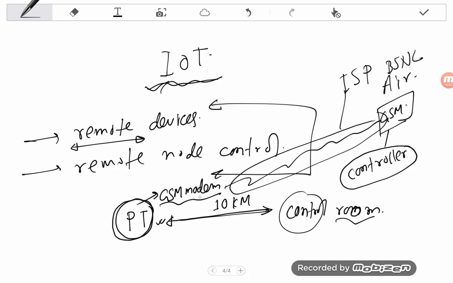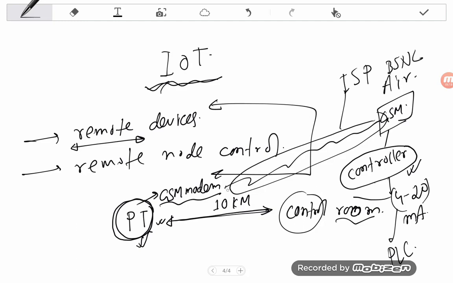So this is a way we can communicate between this pressure transmitter and the controller. Now the responsibility of the controller is to generate a 4 to 20 milliamp signal which can be connected with the PLC.